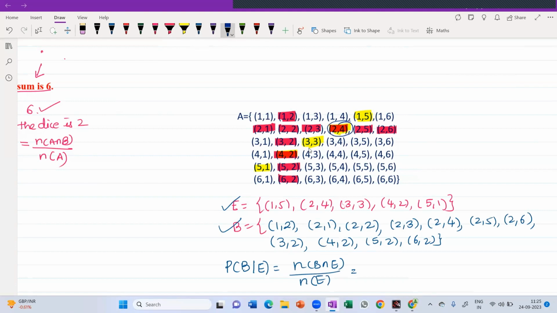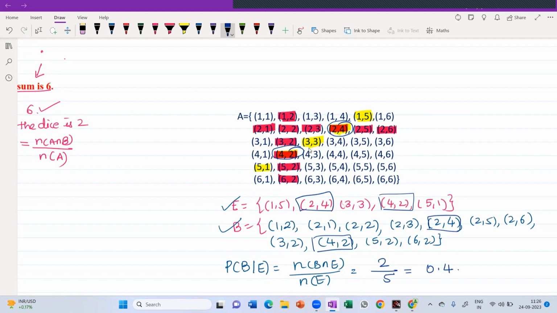Here only 2,4 and 4,2 are common. So 2 upon, how many elements were there in E? 5. So 2 upon 5. How much is 2 upon 5? That is going to be 0.4. So 0.4 is the answer for this question.